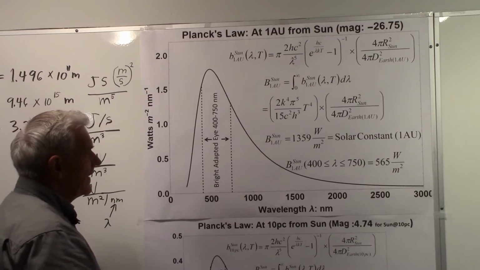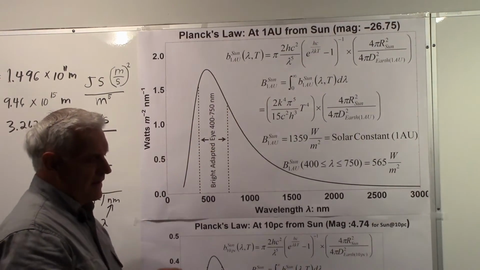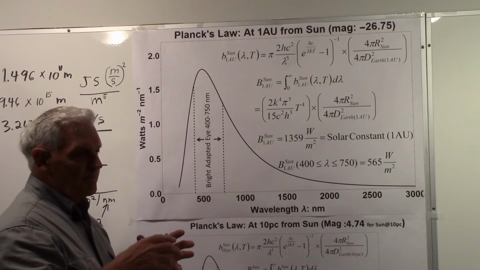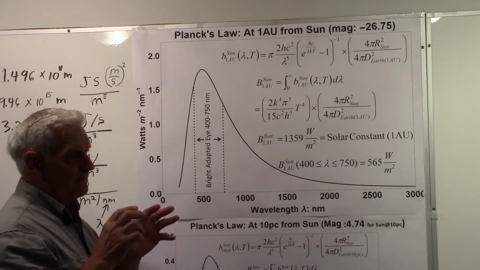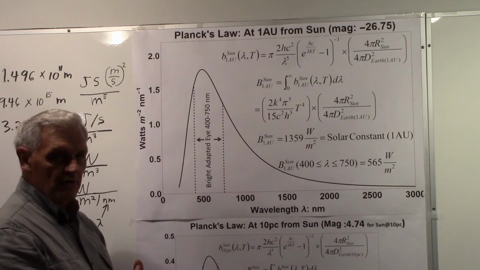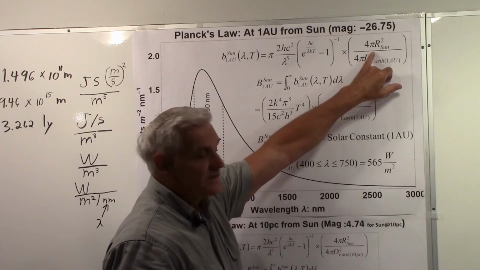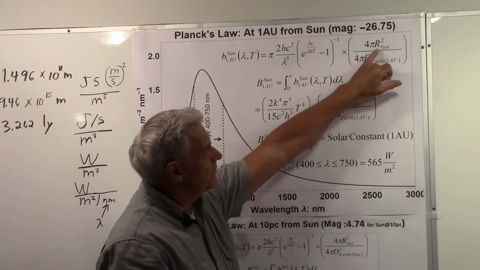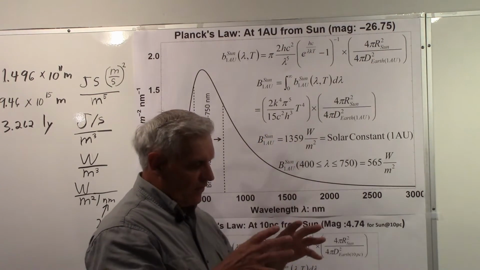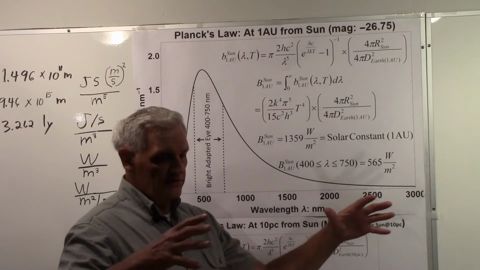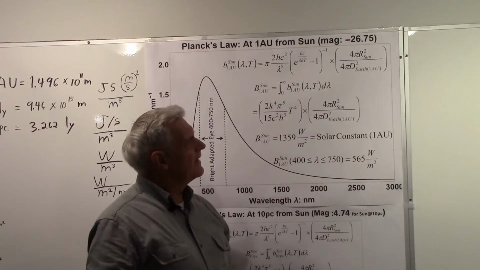So if we want to find the solar constant, we take the power per square meter per unit wavelength being emitted by each square meter of the sun. We find the total area of the sun's surface by using 4 pi r squared sun. And then we take all that power that's emitted and we take it all the way out to the Earth, 1 astronomical unit.